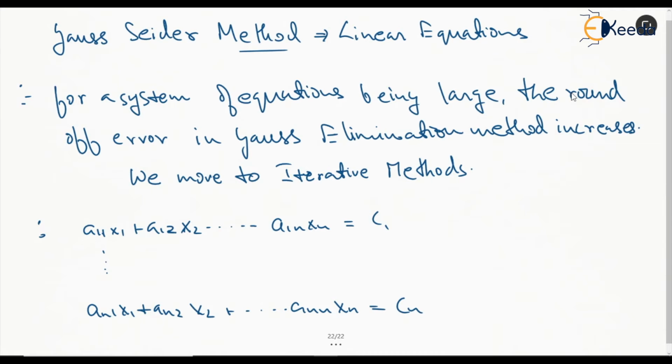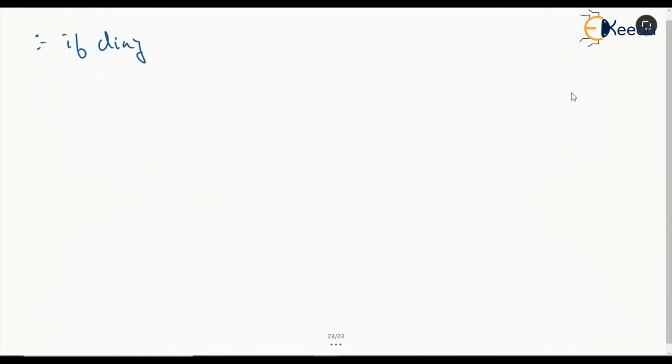Then in such case, what we can do is we can write these unknowns in terms of other variables. Condition: the diagonal elements are not zero. We can write any unknown in terms of other variables.